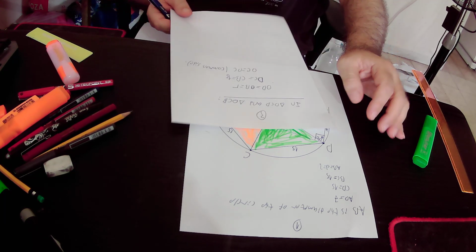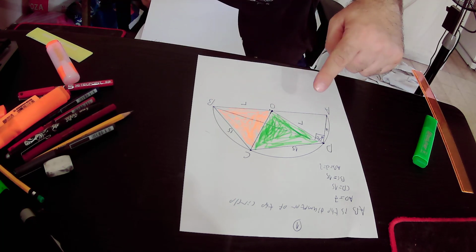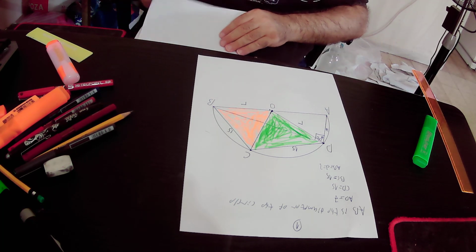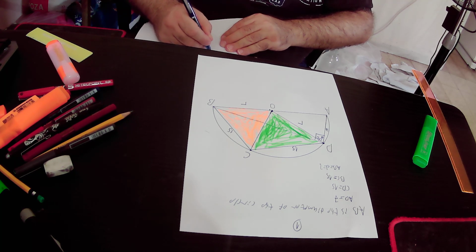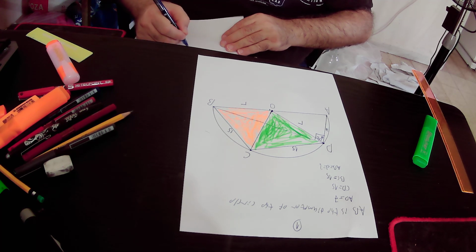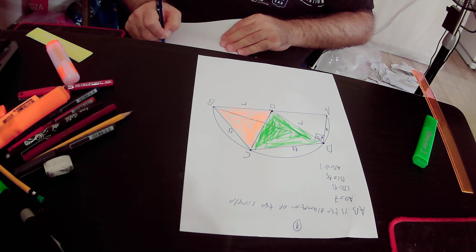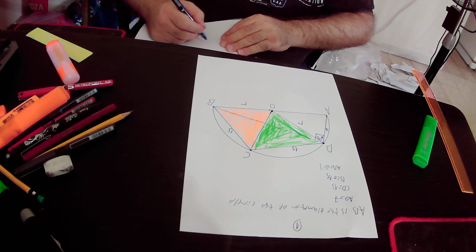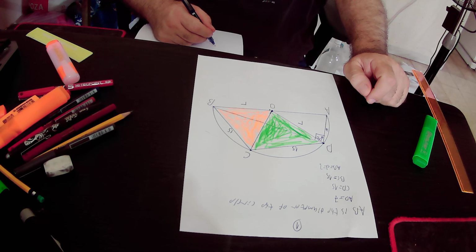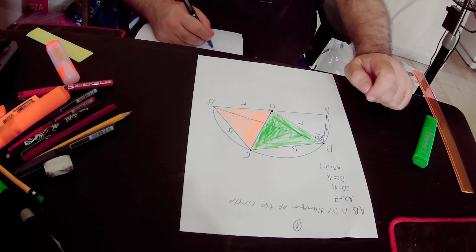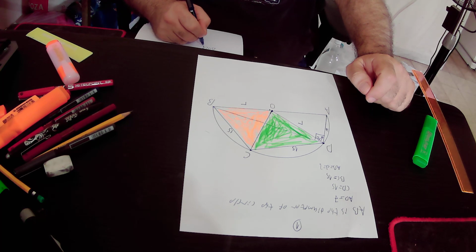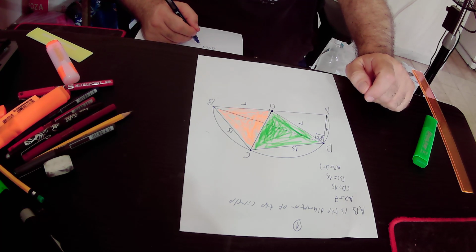So triangle OCD, the green triangle, is congruent to triangle OCB, the orange triangle, according to the side, side, side rule, SSS rule.